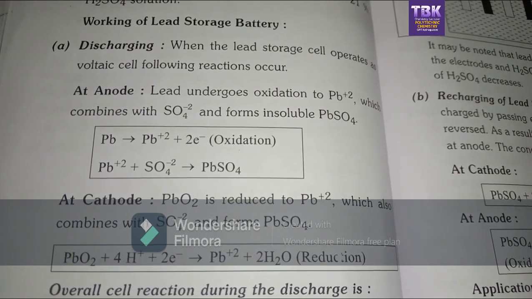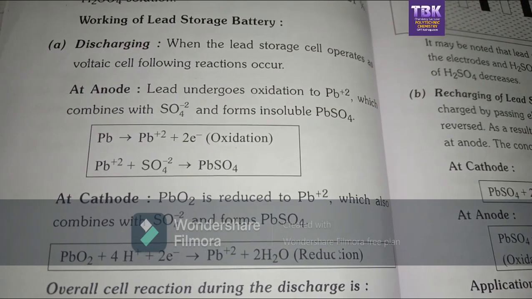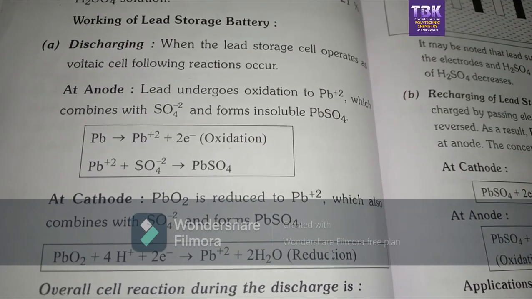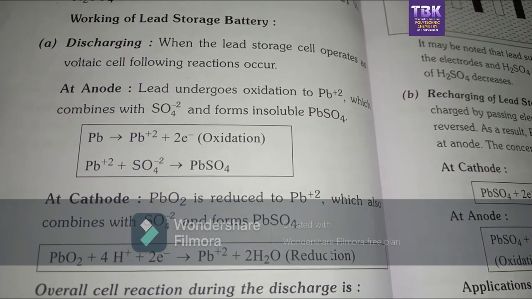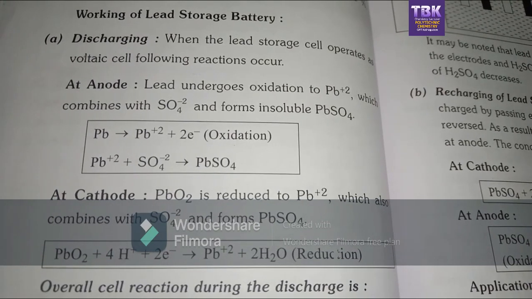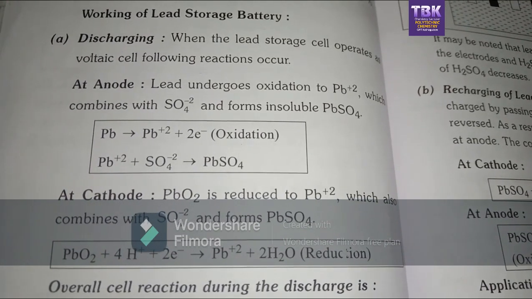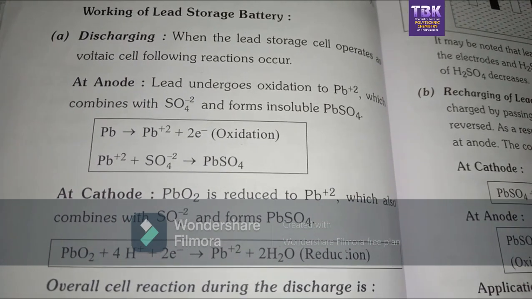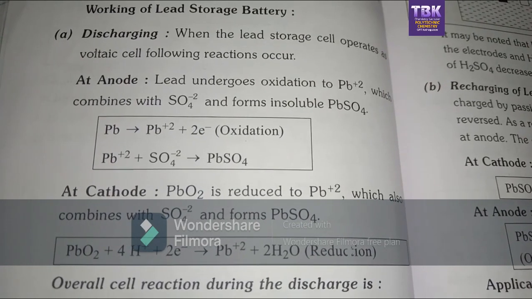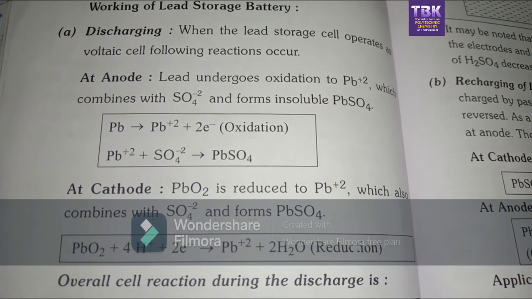When the lead storage cell operates as a voltaic cell, the following reactions take place. Lead acts as an anode and lead oxide acts as a cathode.